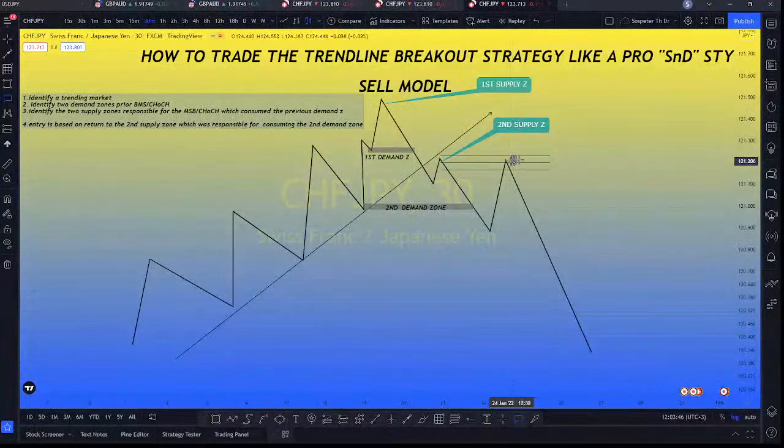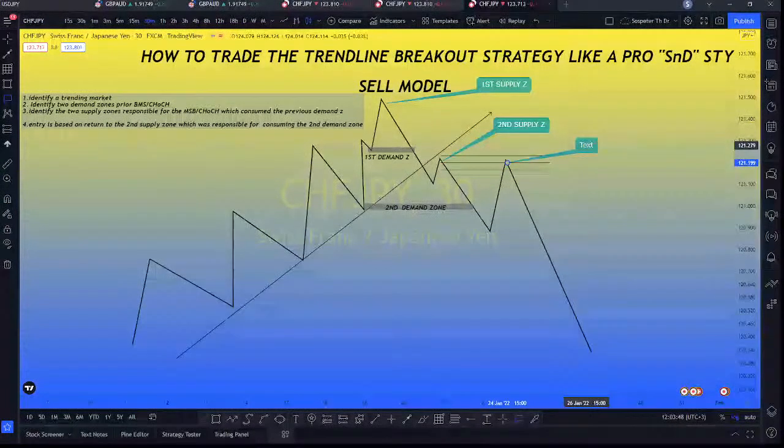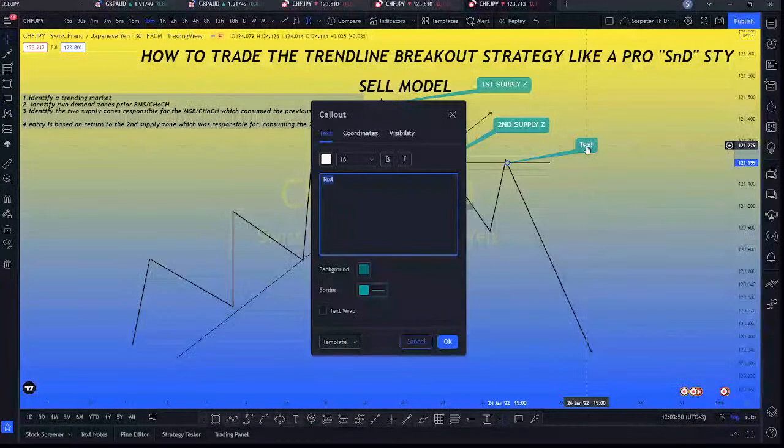So guys, by the way, for this kind of setup, I have been used to telling you I like entering on wicks. But for this kind, most of them reach the 50% or the open of the candle, the open of the base candle.